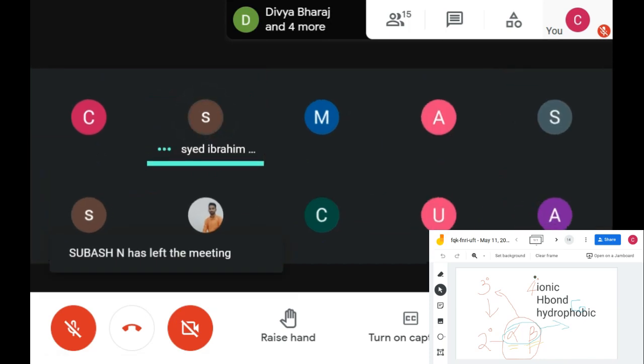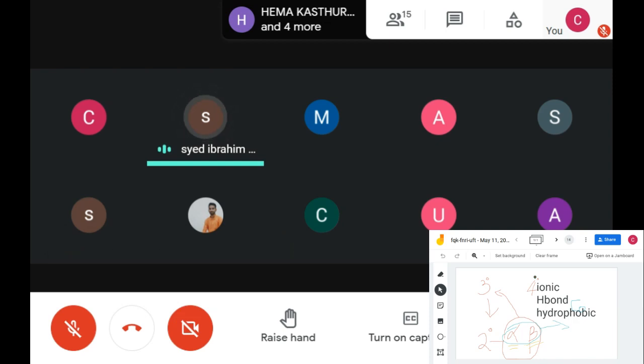So now, for proteins to make a three-dimensional structure, you need three types of interaction: ionic interaction or electrostatic interaction, then hydrogen bonding, and then hydrophobic interactions. And soluble proteins have a hydrophilic side as well as a hydrophobic side.